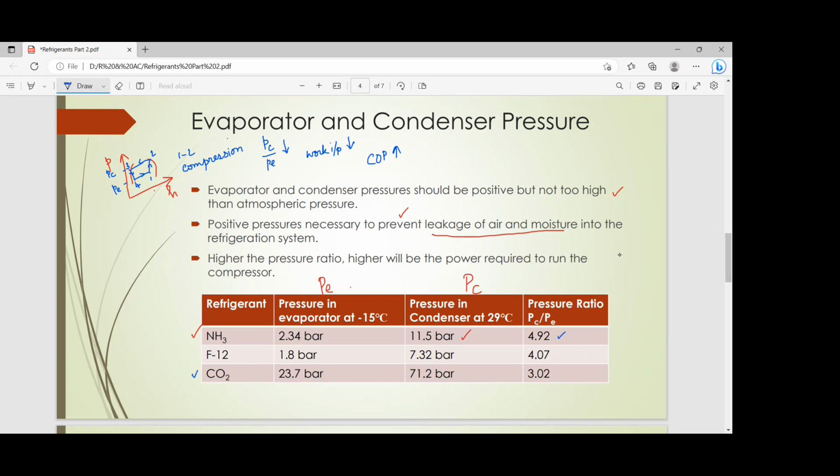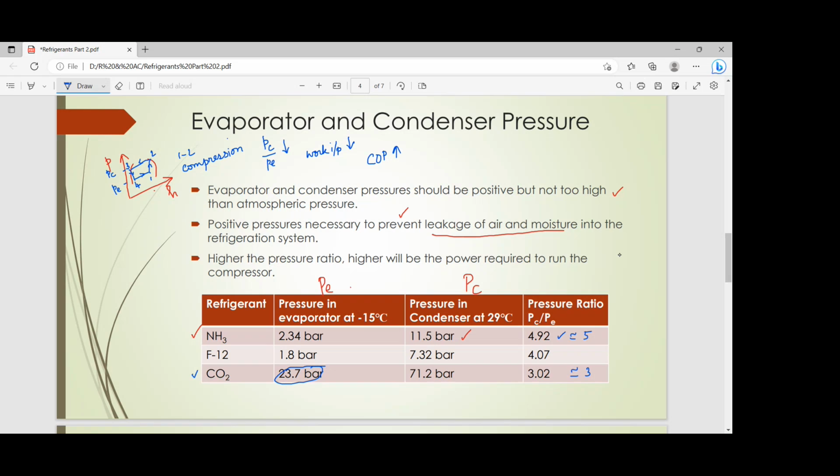Take carbon dioxide, for instance. If you look at carbon dioxide, the operating pressure level is huge, though the pressure ratio is comparatively less, say this is approximately 3 and this is approximately 5, let's say 4.9. So we tend to feel like the pressure ratio is less over here, but look at the operating pressure. The operating pressure levels are very huge.